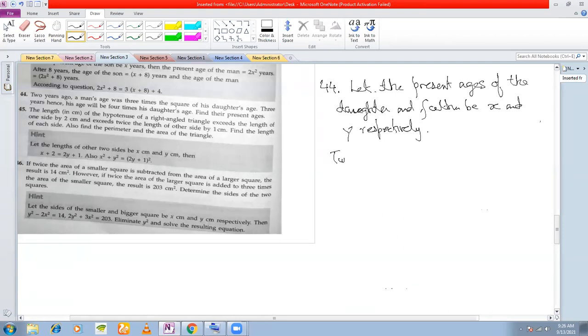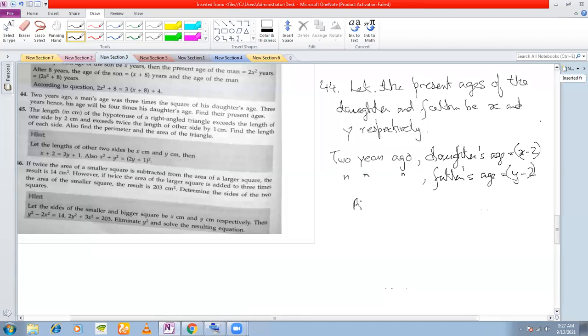So 2 years ago, let's say daughter's age first: x minus 2. 2 years ago, father's age is y minus 2, right?